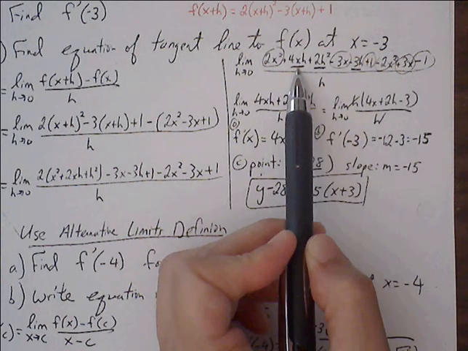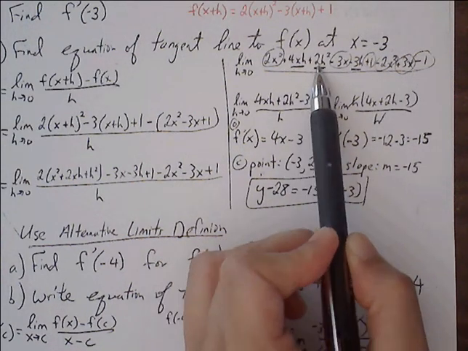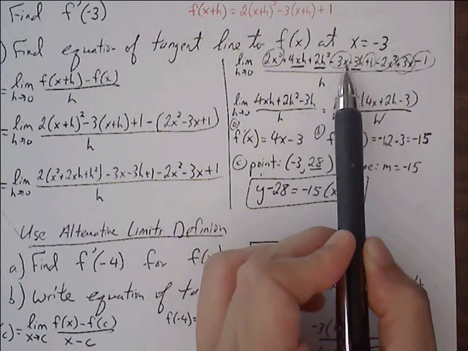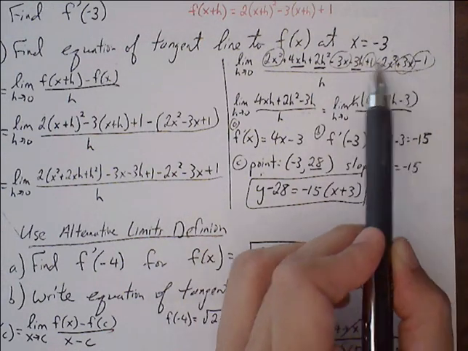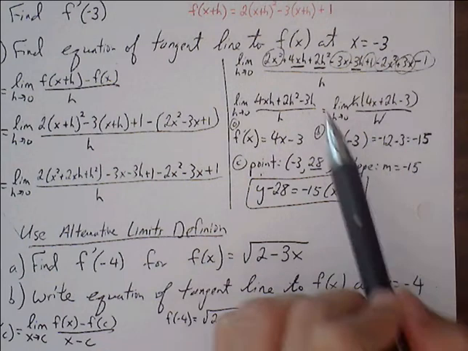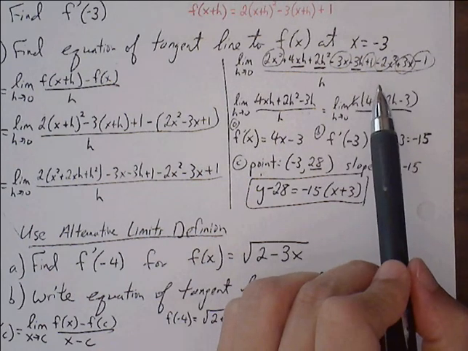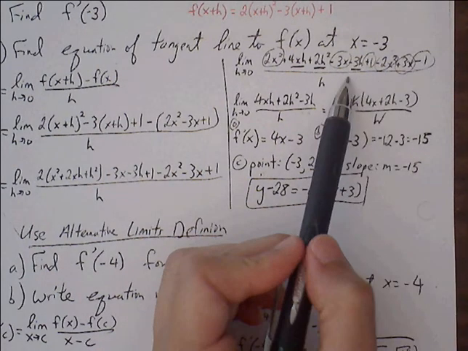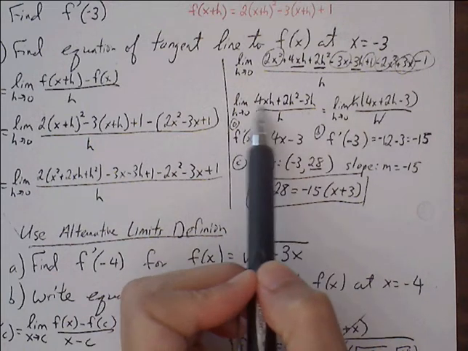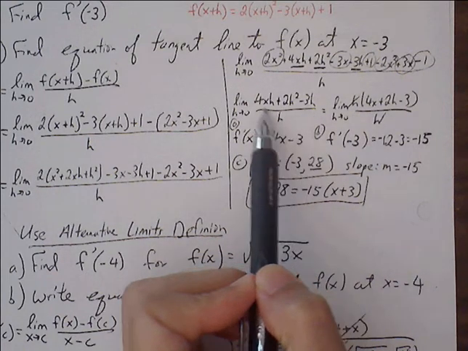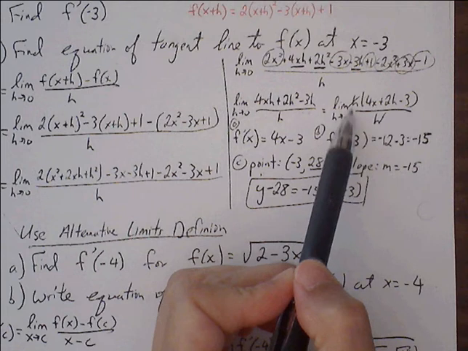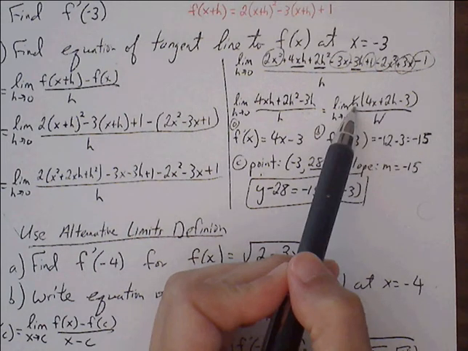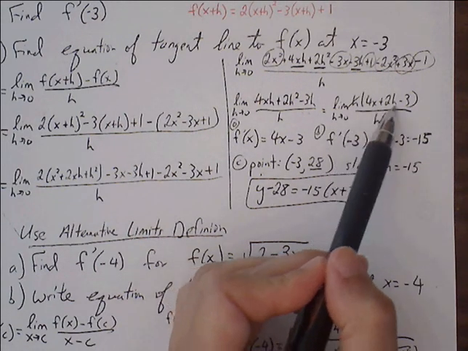There are no like terms to combine this with. 2h squared will also stay. Negative 3x and positive 3x will cancel out. 1 and negative 1 will cancel out. Minus 3h will stay. Notice that every term has an h, so we can factor the h out and cancel between numerator and denominator. Now we're left with 4x plus 2h minus 3.